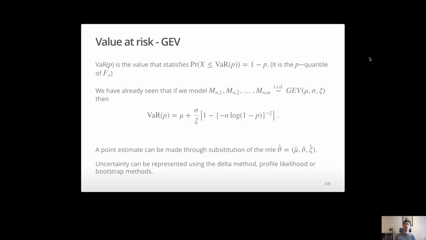If we are basing our analysis on a set of block maxima where we have M blocks, each of length N, then what we can do to estimate the value at risk is simply to consider the appropriate quantile of the fitted GEV distribution.